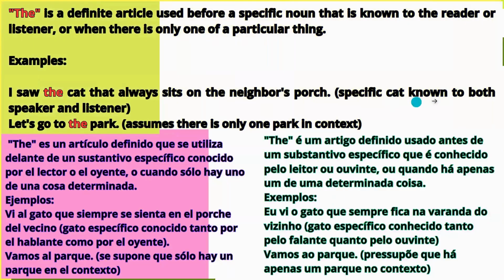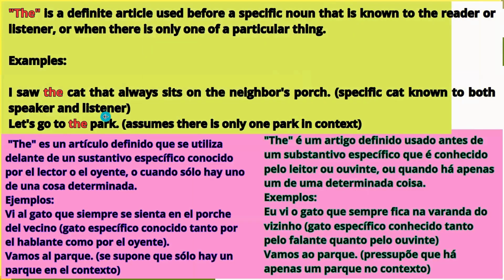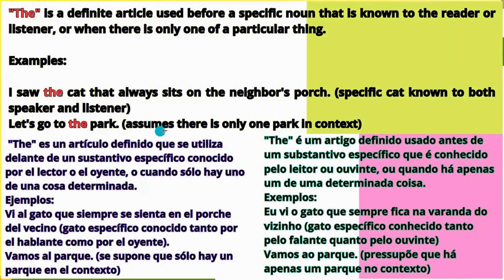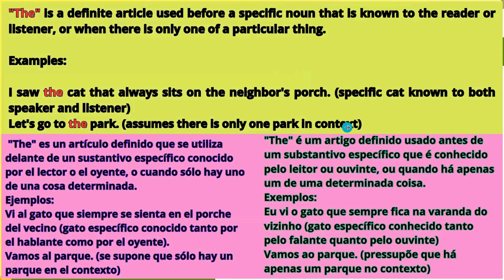Specific cat known to both speaker and listener. Another example, let's go to the park. Assumes there is only one park in the context.